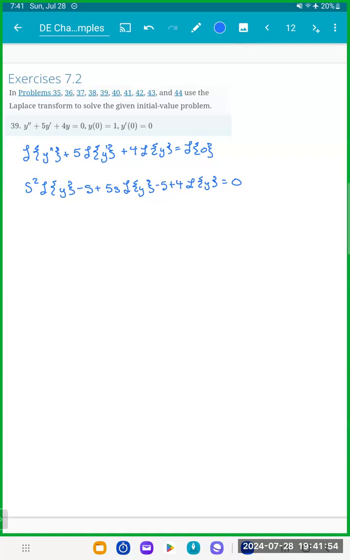And we want to move those to the other side. So we're going to add the s and add the 5 to the other side, and we'll factor at the same time. Let's factor out the Laplace y. So that leaves us with s squared plus 5s plus 4 equals s plus 5.